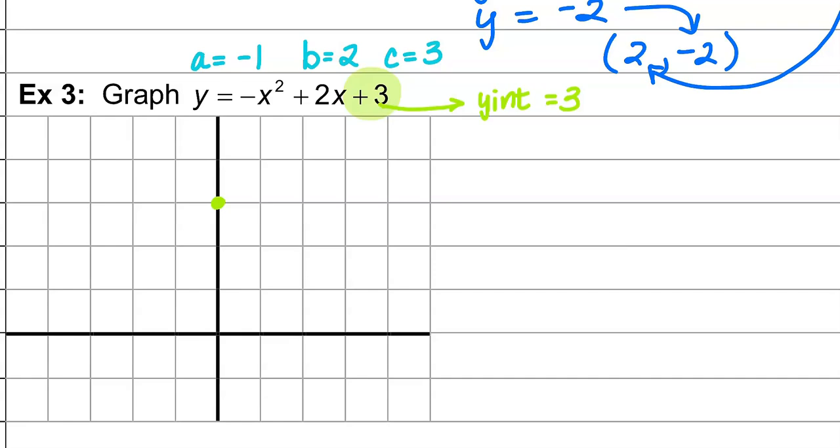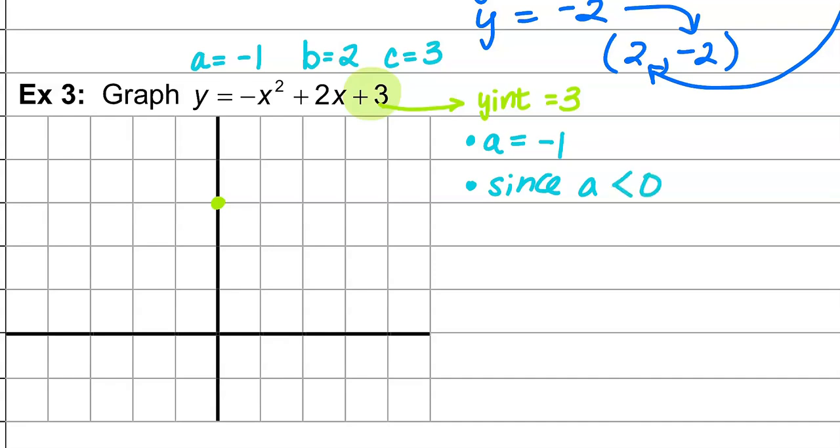What's A? Well, what's the value of A? It is the direction that it's going to open, so that's good. Value of A is negative 1. So because it's negative, what do we know? We know A is less than 0, right?